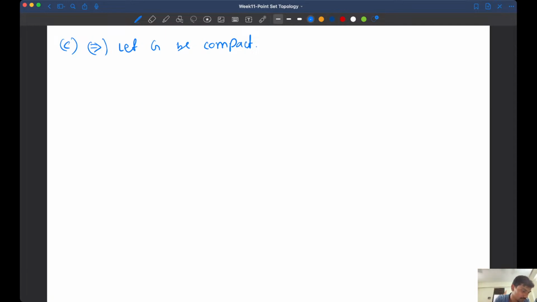So G mod H, we can prove is compact because this quotient map is a continuous map. So continuous image of a compact set is compact. Yes. And it's surjective also. So this quotient group G by H will be compact. And why is H compact?